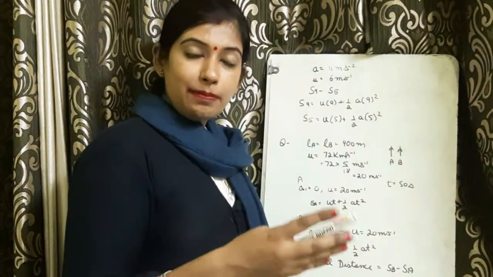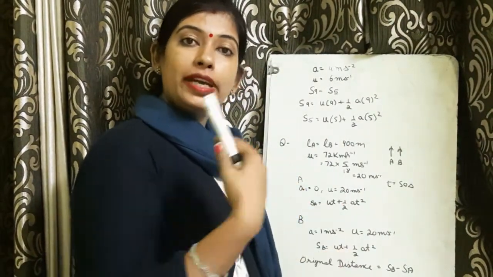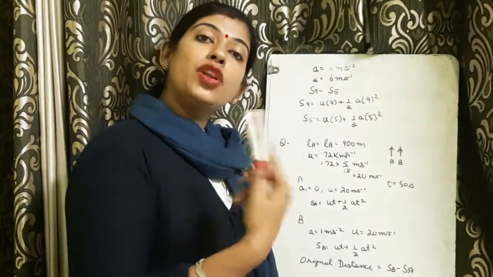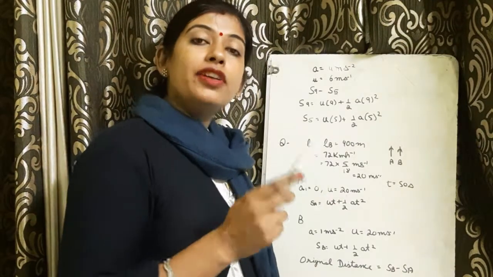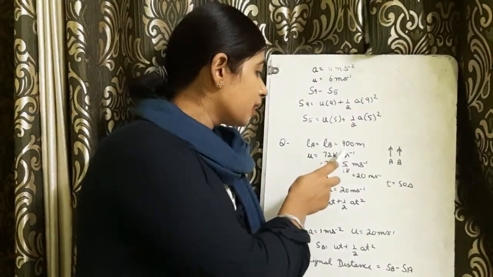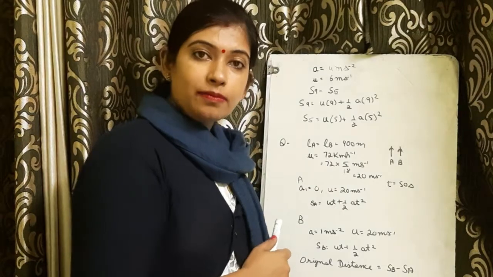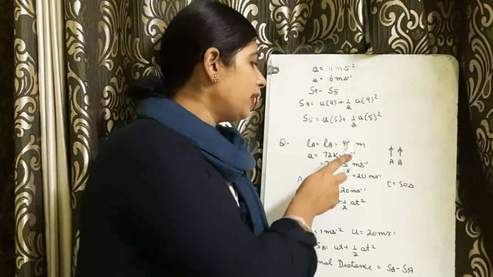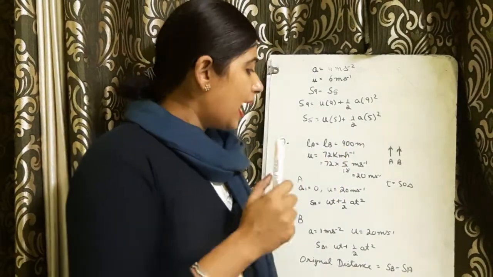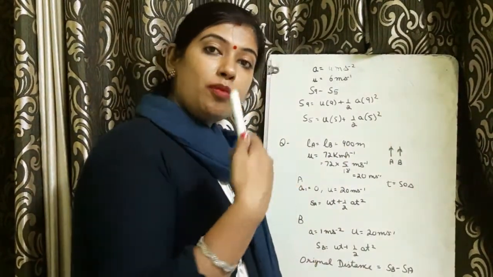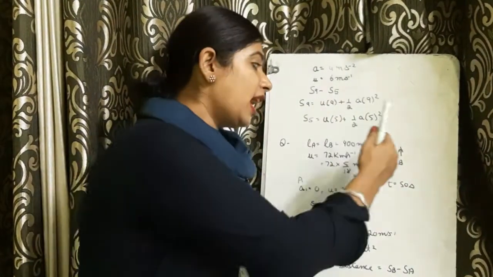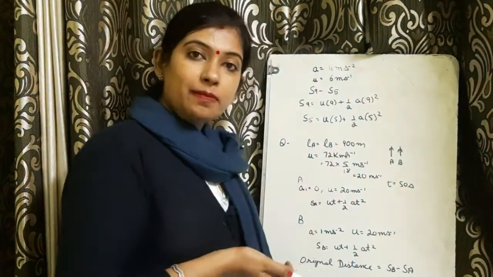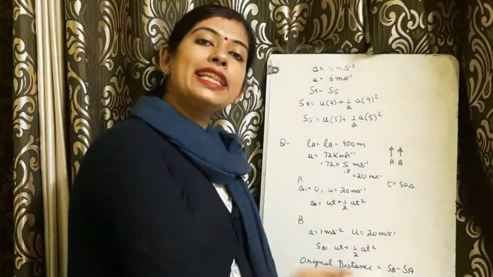There are two parallel tracks, and two trains are moving on them, train A and train B. These are moving with a uniform acceleration and with a uniform speed of 72 km per hour, and the length of both the trains is the same. The length of both trains is 400 meter.